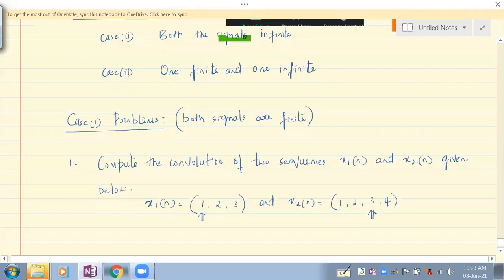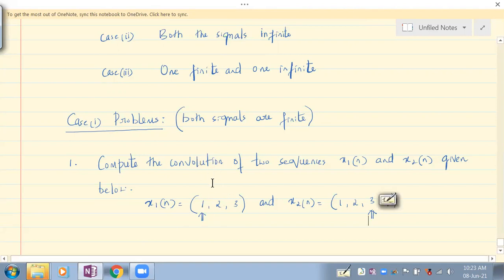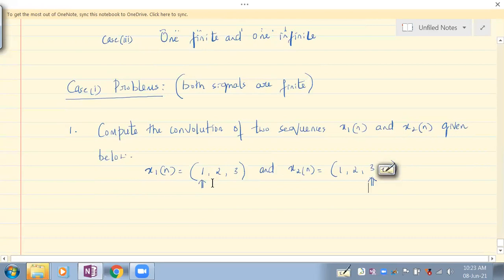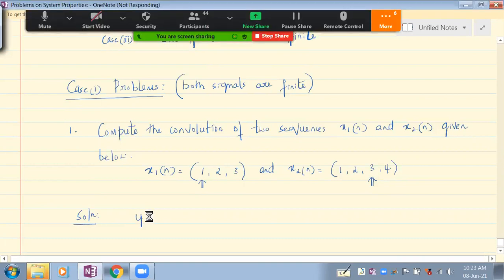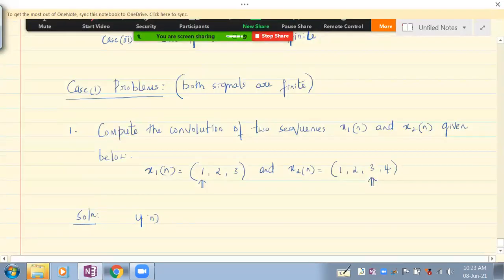Everybody understand that? We've been given two signals, and we need to consider these two signals to obtain the convolution. What is the equation for convolution sum? Everybody just take down this. y of n is equal to x1 of n convolved with x2 of n.